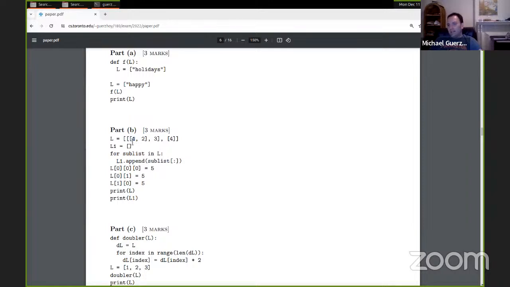When you're saying L at 0 at 1 is equal to 5, that affects L, but it does not affect L1. When you're saying L at 1 at 0 is equal to 5, that affects L, but not L1.